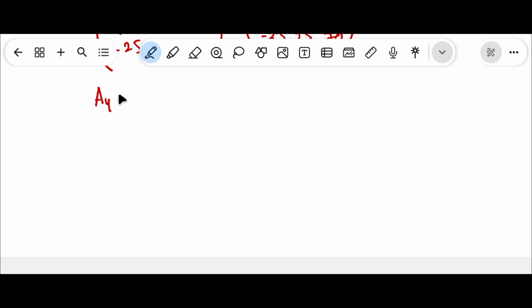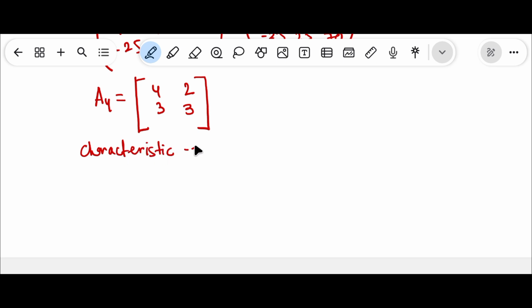Suppose we have a 2 cross 2 matrix, that is 4 2 3 3, and we have to find eigenvectors for this given matrix. So students, the process is same. First of all, we have to find the characteristic equation. So let us find determinant of A minus lambda I equals 0.